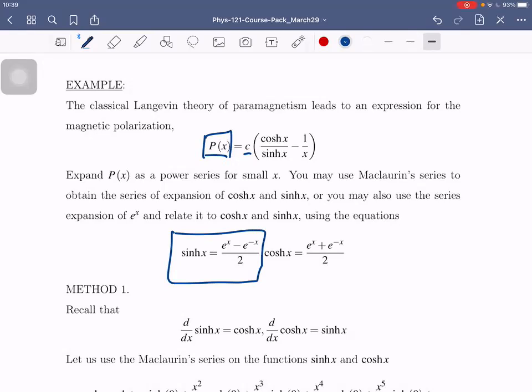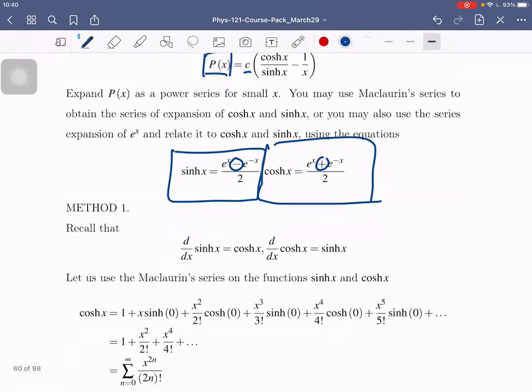So hyperbolic sine of x is equal to e raised to x minus e raised to negative x over 2. And hyperbolic cosine of x is equal to e raised to x plus e raised to minus x over 2. So nakaiba lang sila dito. So ito ay minus, ito ay plus. Okay? So we have two methods in order to do this.